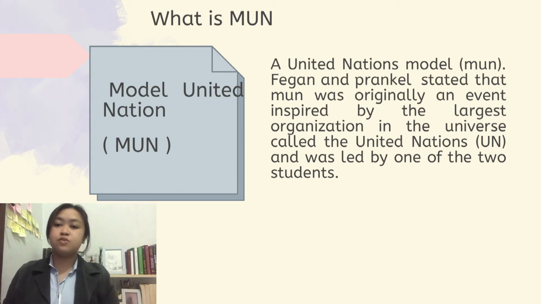Okay, so let's move to the method. Taking place at a private university in Surakarta, the study was conducted from September to November. The subjects of the study were fourth semester students who undertook speaking as one of the semester subjects.